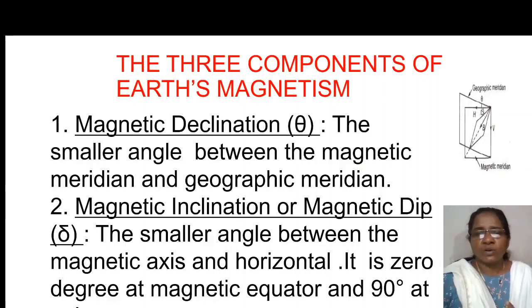It is the smaller angle between the magnetic axis and the horizontal. This is the magnetic axis and this is the horizontal. This angle delta is known as the angle of dip.